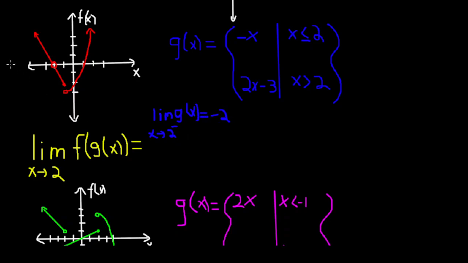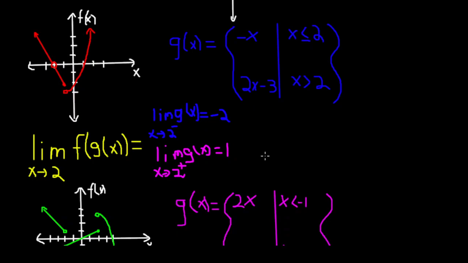And then, let's use a different color, the limit of g of x as x approaches 2, and we're going to check the right this time. From the right, it's going to be this bottom piece, plug in 2, we get 2 times 2 is 4, 4 minus 3 is 1. Did I do that right?